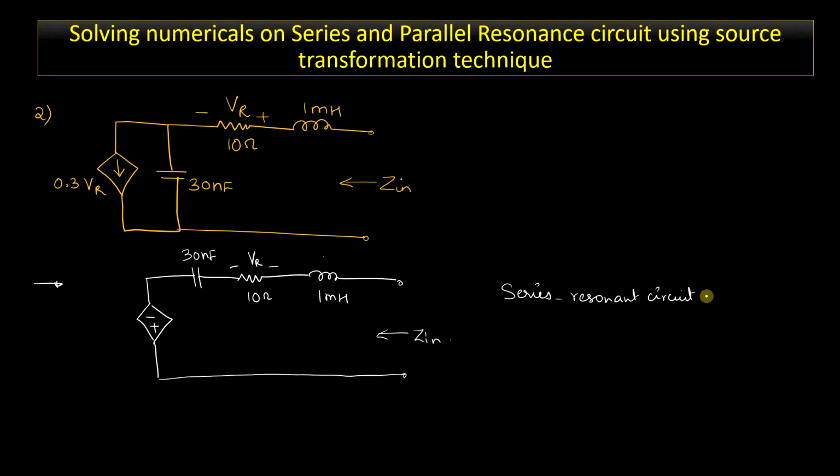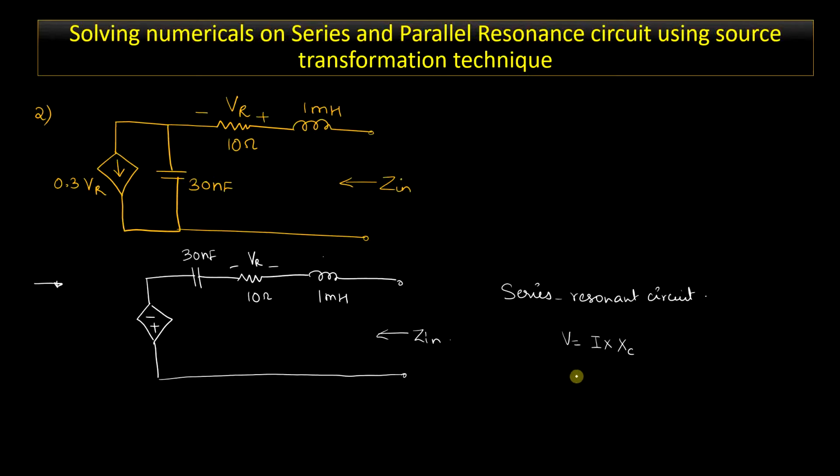Okay. And in this case you will be computing the value of this particular voltage V to be equal to I into XC. Okay, because you are considering the capacitor, so you have to consider the capacitive reactance.